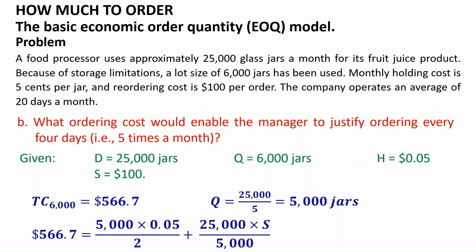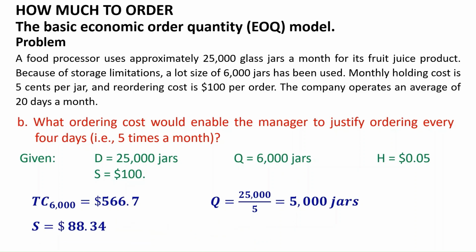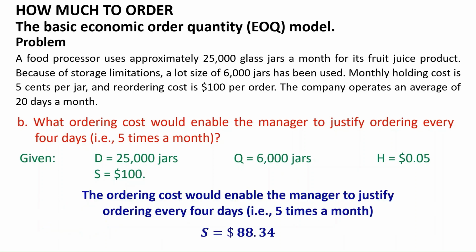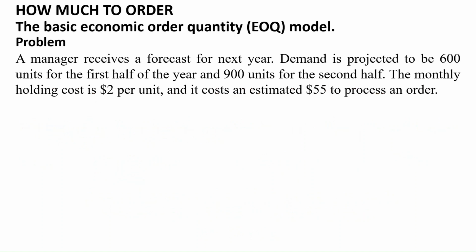So, 566.7 equals 5000 multiplied by 0.05 divided by 2 plus 25,000 multiplied by S divided by 5000. Solving this equation results in S equals $88.34. So, the ordering cost that would enable the manager to justify ordering 5 times a month is $88.34.